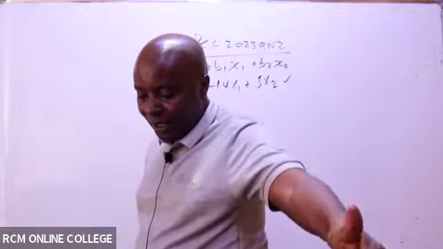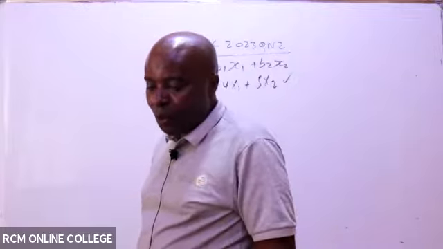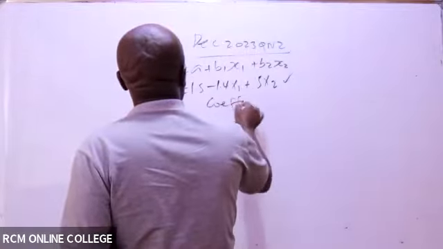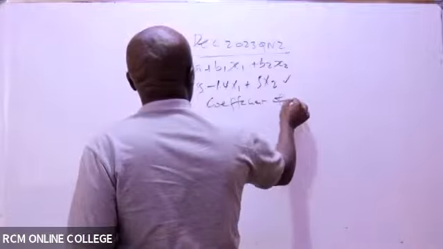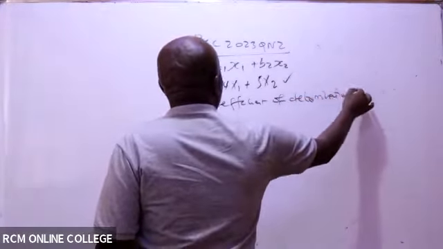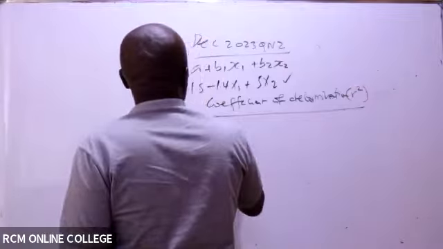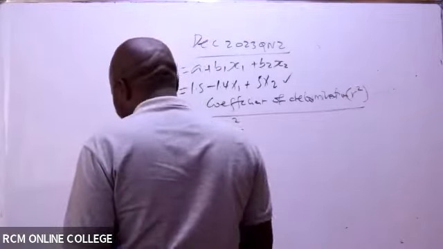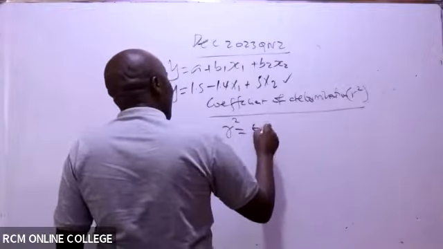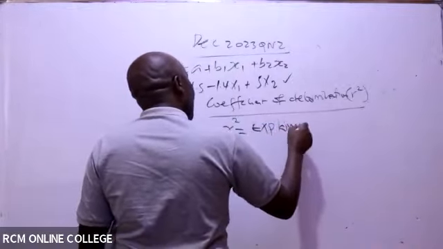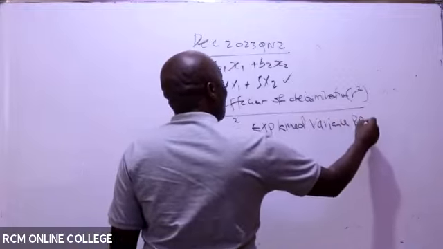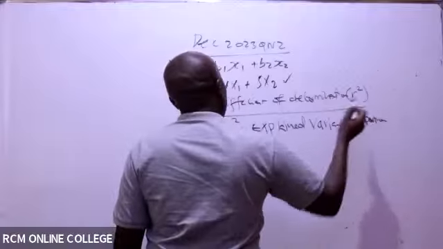Great. Then number two, they want us to give them the coefficient of determination, r squared. So then how do we get r squared? Remember, r squared is the explained variance proportion.